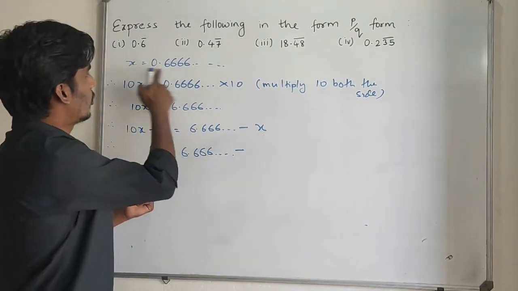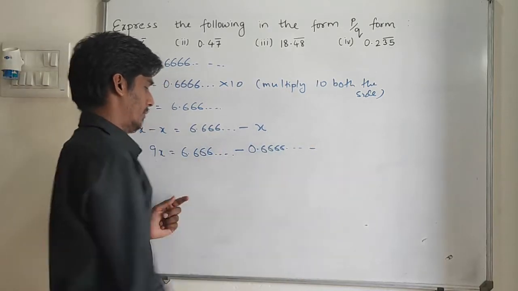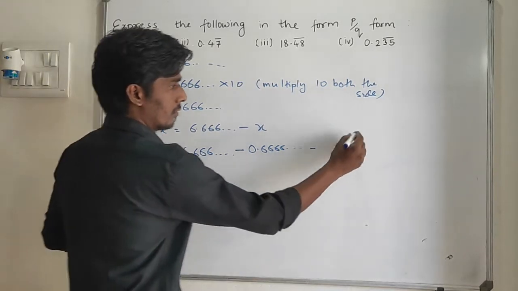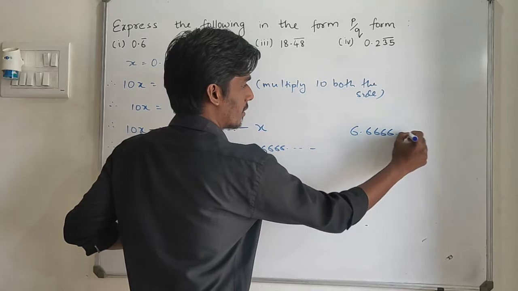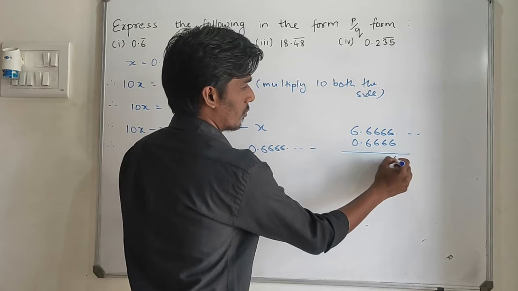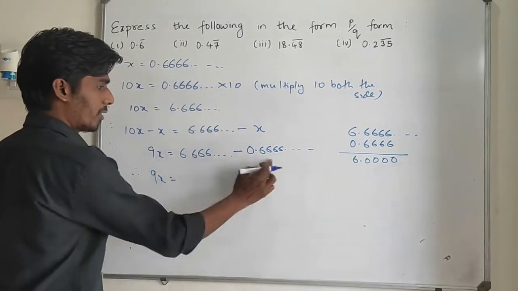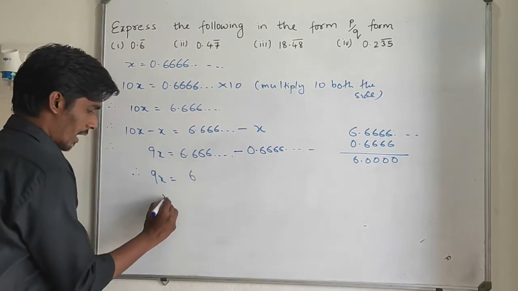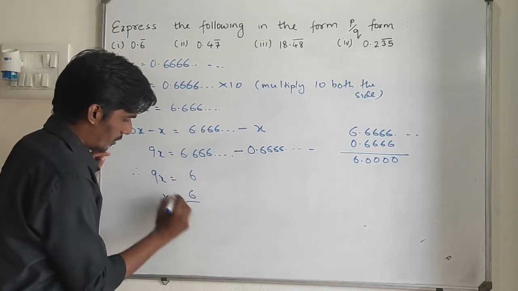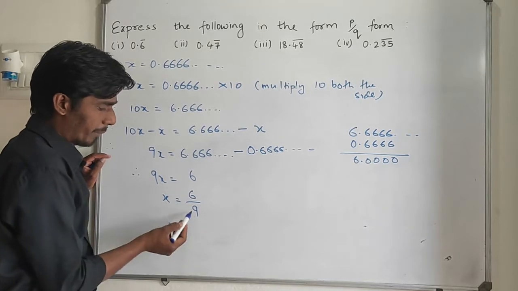Now instead of x, I replace this value, 0.6666 dot dot dot. So 9x equals 6.6666 minus 0.6666, and the subtraction of these two numbers is 6. I want x here, so x equals 6 upon 9. Both are multiples of 3.